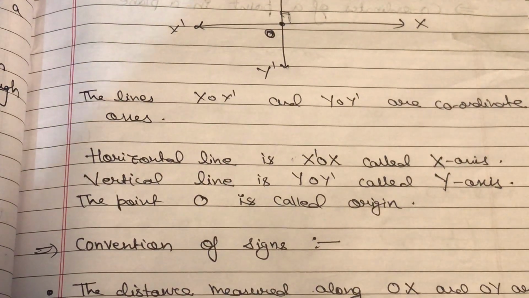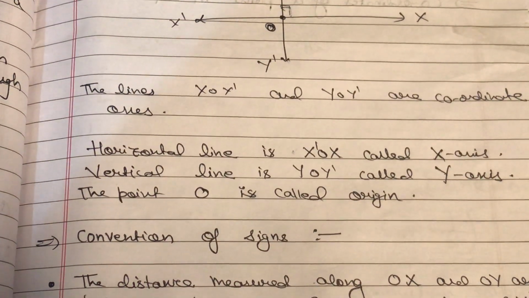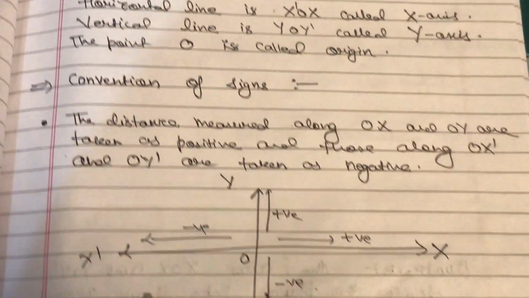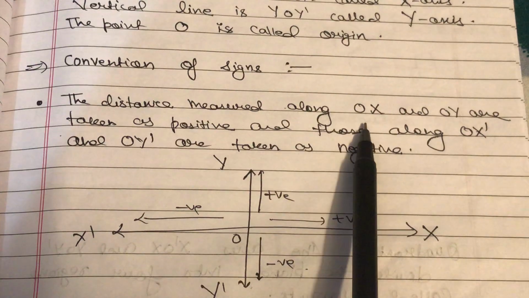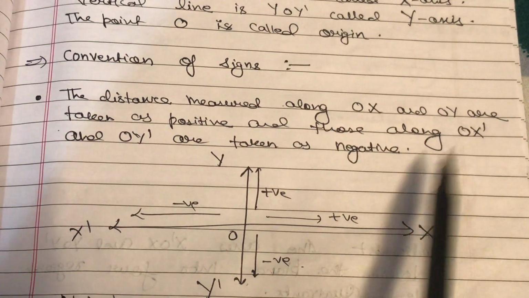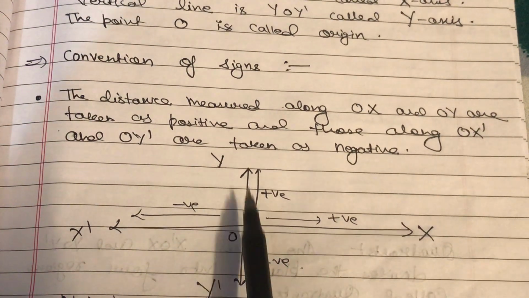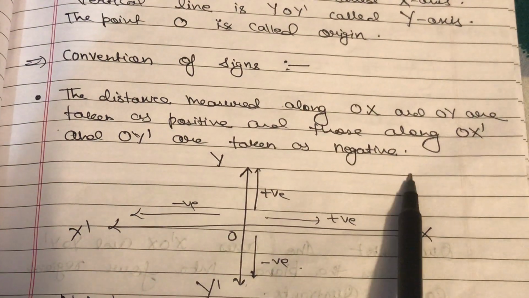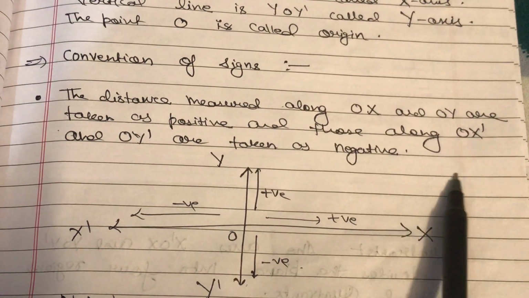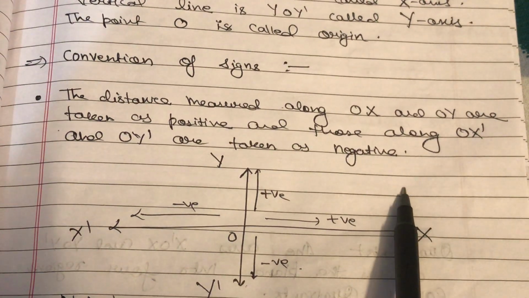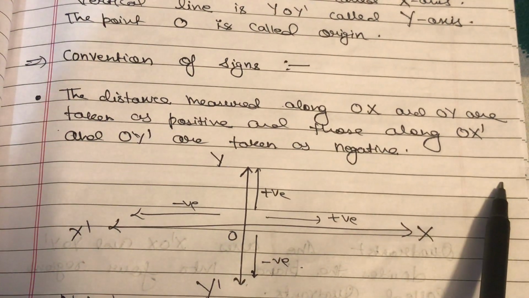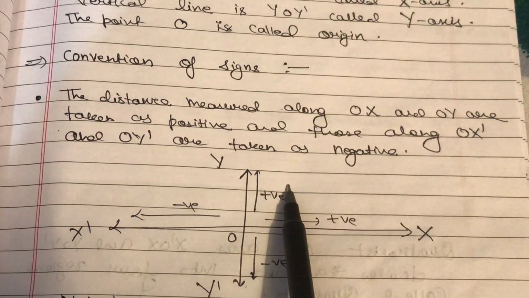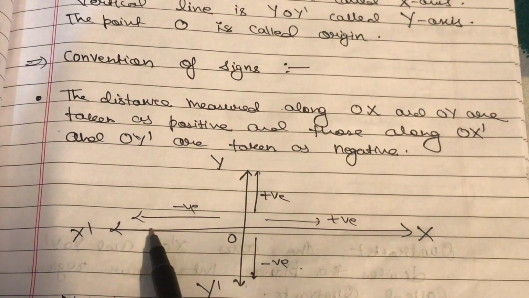Now let's talk about the convention of sign. The distances that we measure along OX and OY are positive, because we know that on a number line, towards the right-hand direction after 0 we represent positive numbers, and towards the left-hand direction after 0 we represent negative numbers.